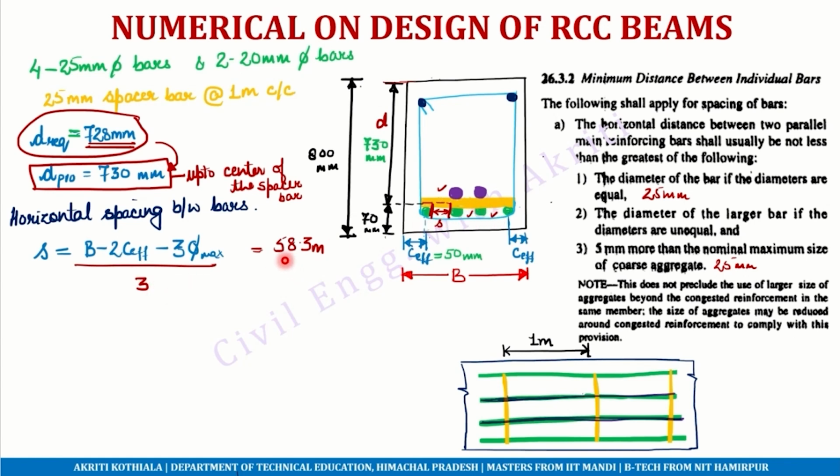Divided by 3 we get a value of 58.3 millimeters, which means that we are sufficiently safe because the diameter of bar is 25 mm and maximum diameter is 25 mm, and with coarse aggregate equal to 20 mm plus 5 mm also we get a value of 25 mm. So this is greater than 25 mm, hence it is safe. So we can move forward with this comfortably.